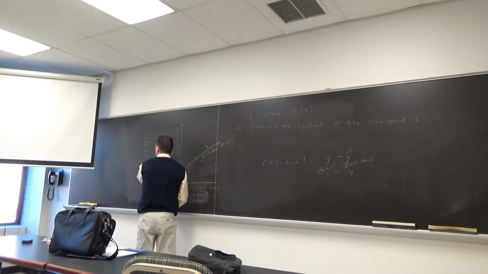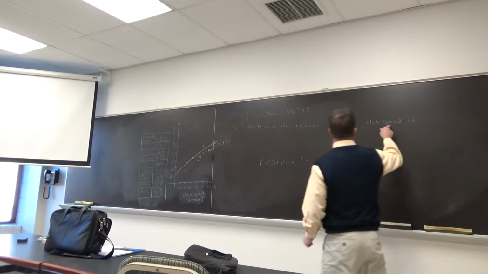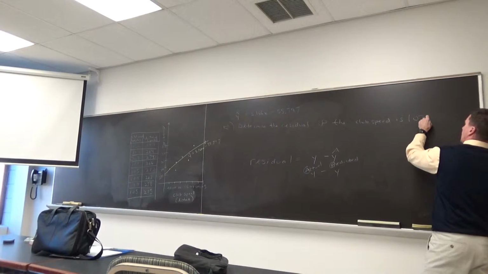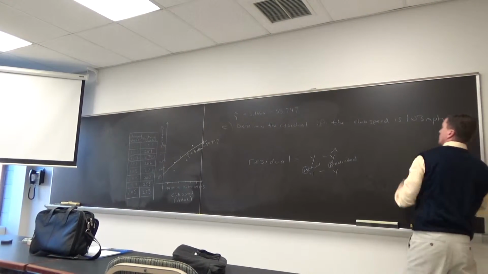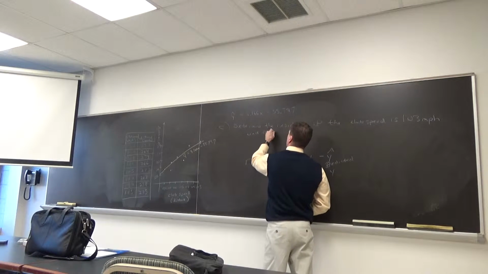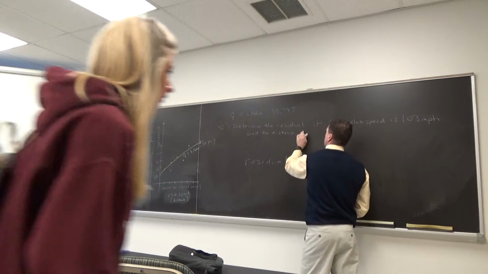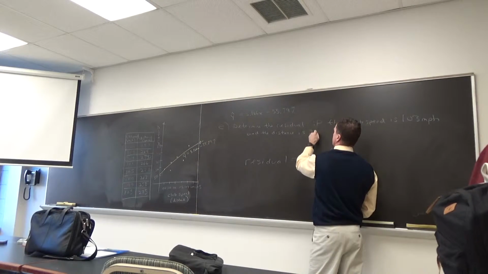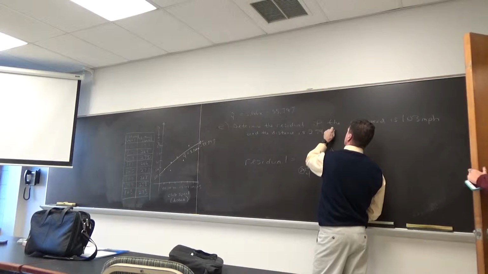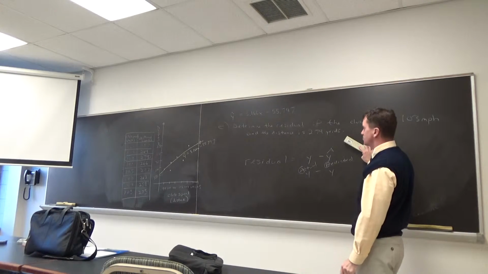I'm going to circle it. We're going to find the residual for that one. Determine the residual if the club speed is 103 miles per hour and the distance equals 274 yards. All right. And it's y minus y hat, right?